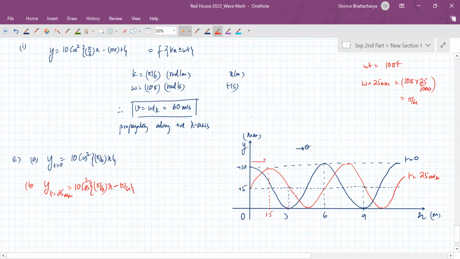So the graph has shifted by 1.5 meters for a time interval of 25 milliseconds.